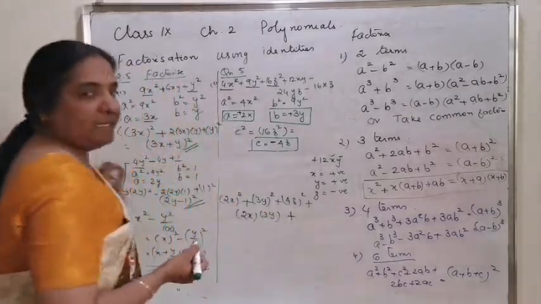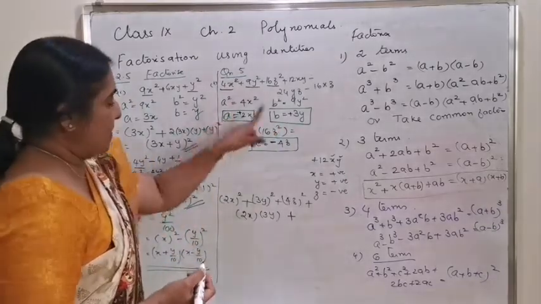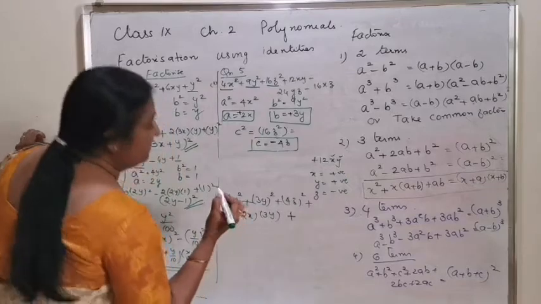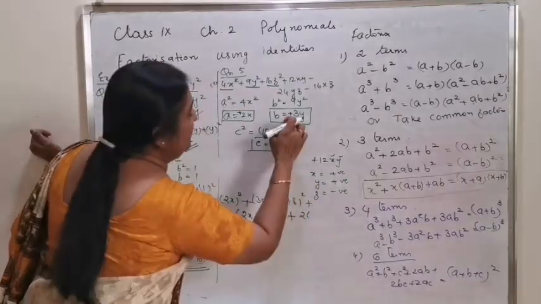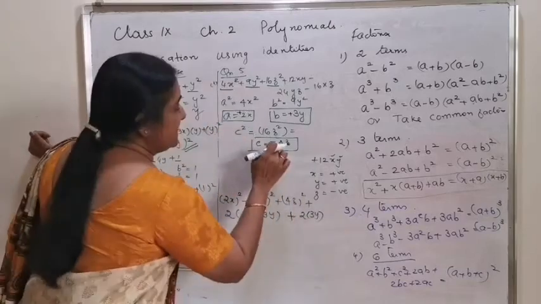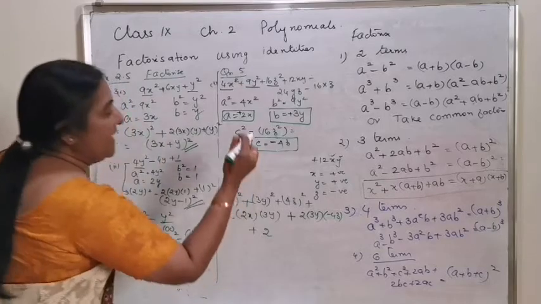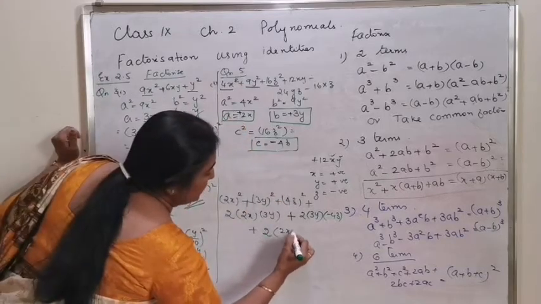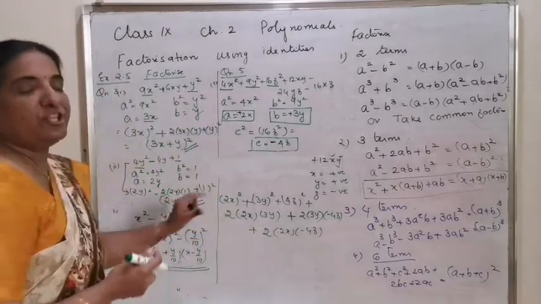You can arrange with plus because you have already allotted the sign. Plus 2BC, 2 into your B value 3y, C value minus 4z, plus 2AC, 2x into minus 4z. This is only for the arrangement.